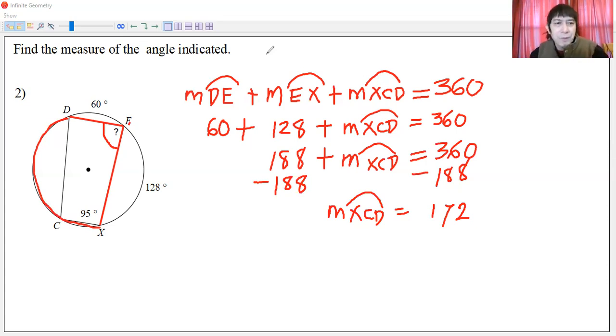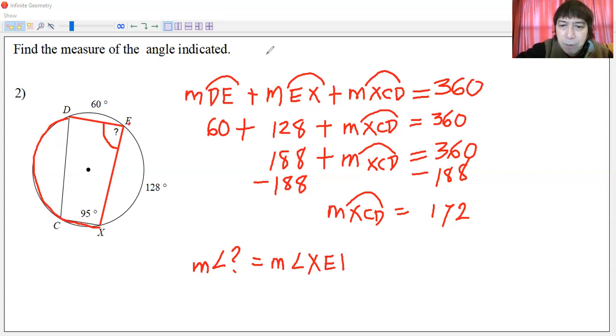Yes, all right. So we can now use the arc XCD, which is the subtended arc by the required inscribed angle. And so we have this formula. The measure of the angle with a question mark is equal to the measure of angle XED, which is equal to 1/2 of the arc XCD.